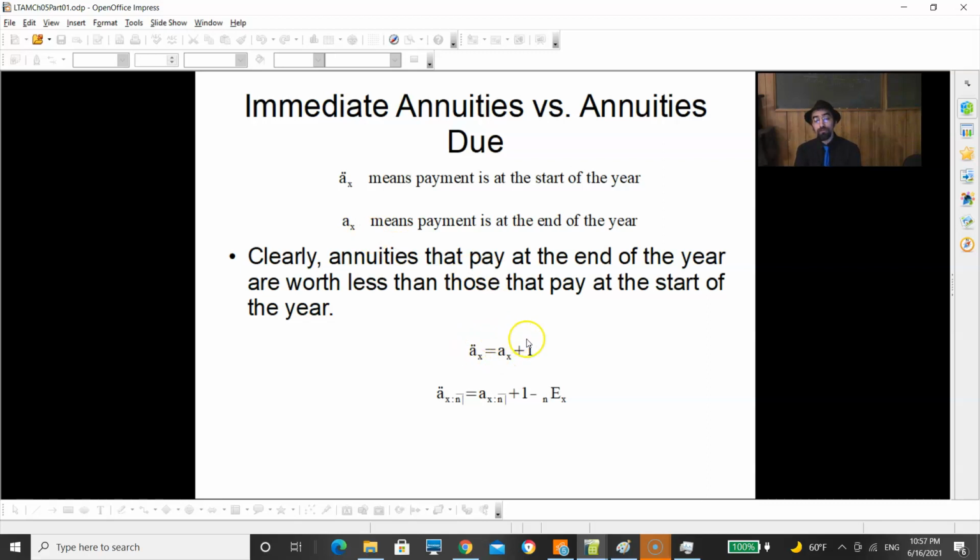For a whole life annuity, the only difference is that at the very beginning of the term, you immediately get one. As the calendar flips over, year after year, in either case, you'll get one, as long as you're still alive. And then whenever you die, that's when the payments stop. So we just say A double dot X equals AX plus 1 for the start of the year.